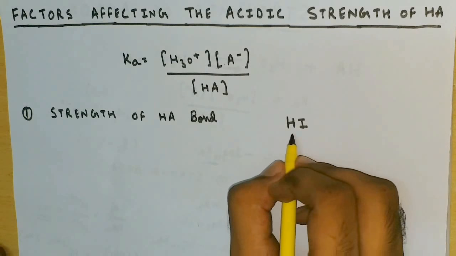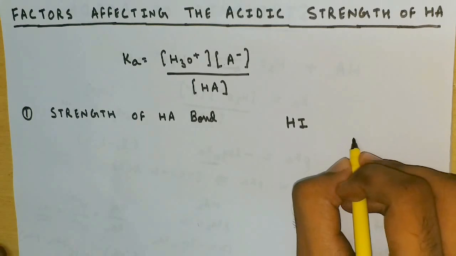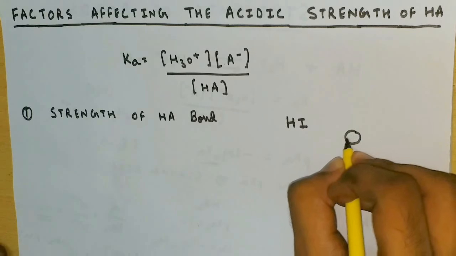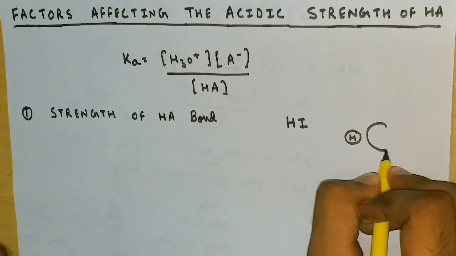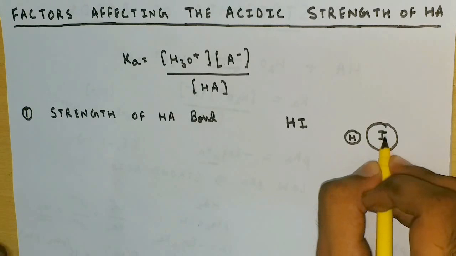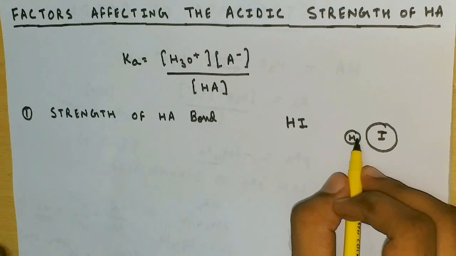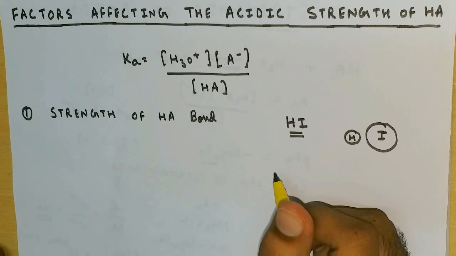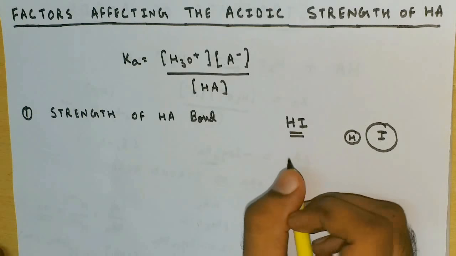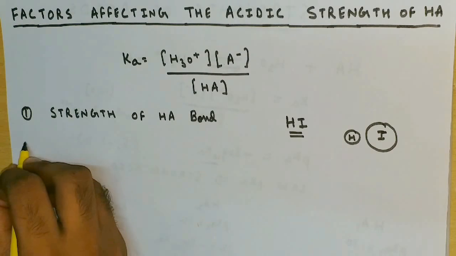This is HI, and the atoms that comprise the HI molecule look like H and I. Since the size difference between hydrogen and iodine atoms is very high, the extent of overlap between these two atoms will obviously be poor, and HI will easily dissociate into H plus and I minus, imparting the Ka a very high value. That implies HI is a strong acid.